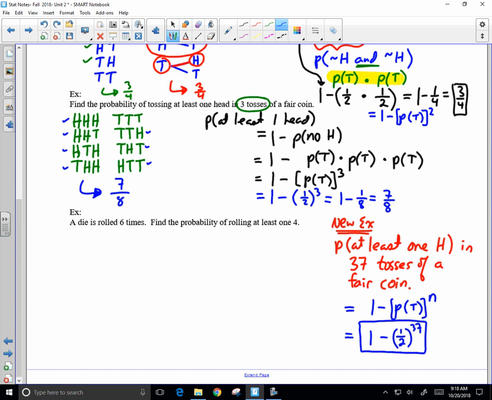You flip a coin 50 times. If I were to say, I'll give you $100 if there's a heads in there anywhere, you're going to say, I'll take that bet. You're flipping it 50 times. They'd all have to be tails.